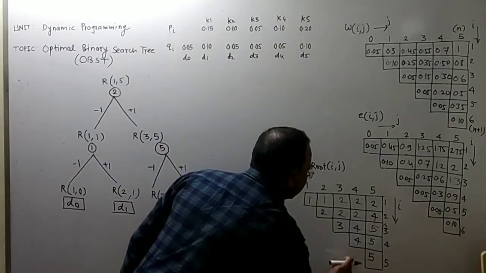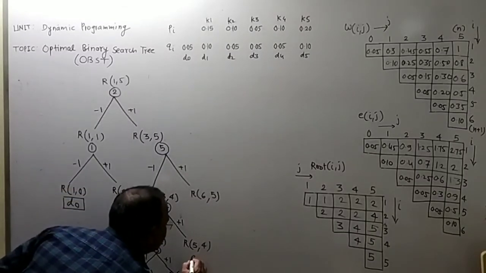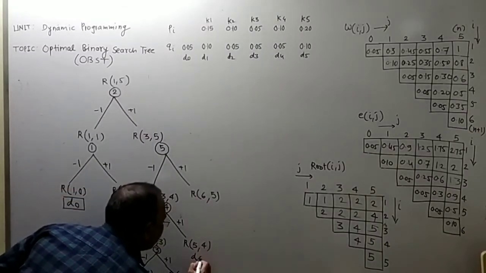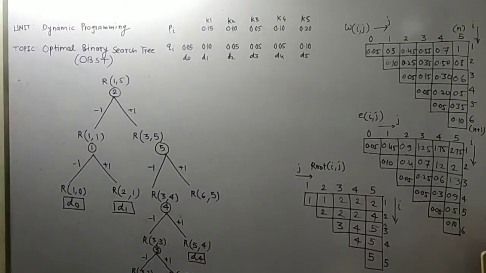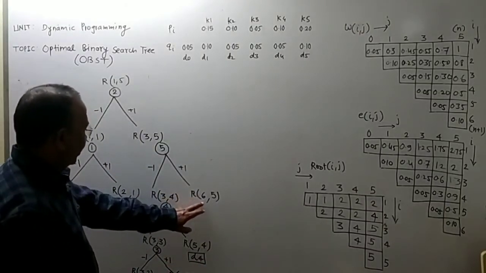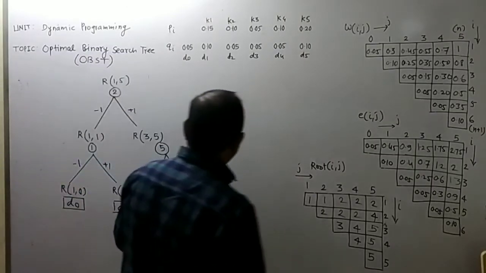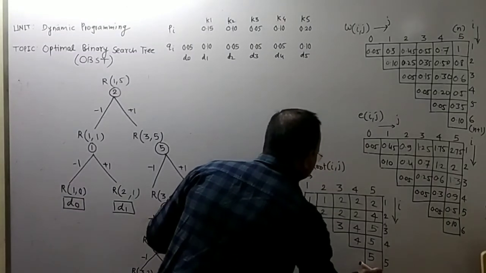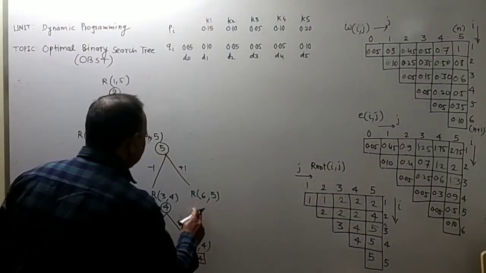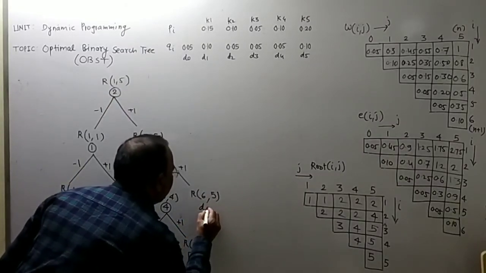The 5, 4 cell is not there in the root table, so stop here with dj, j is 4. Now try to get the value at the 6, 5 cell. There is no 6, 5 cell, so stop here with dj, j is 5.